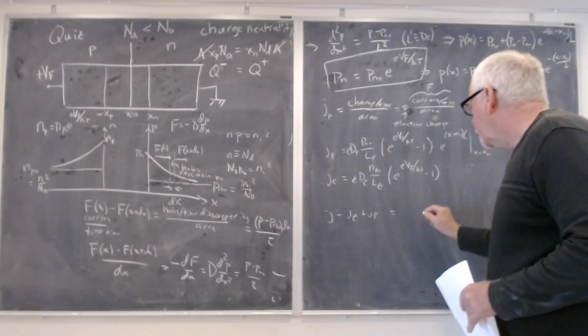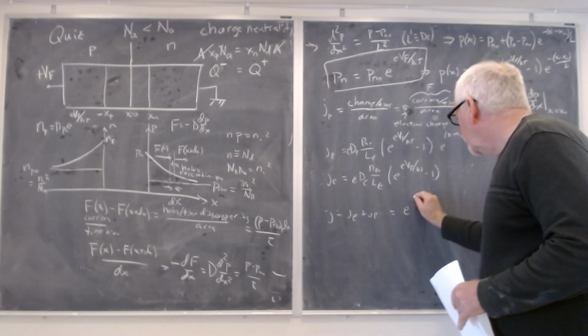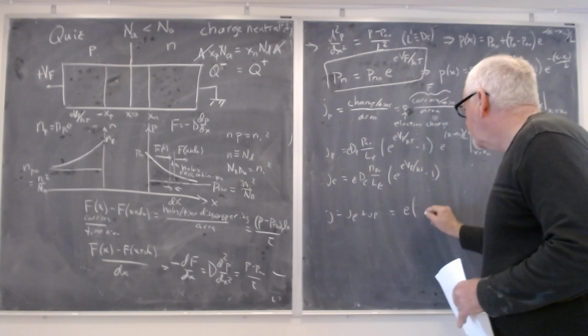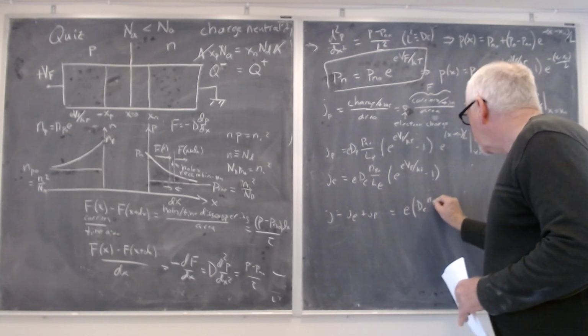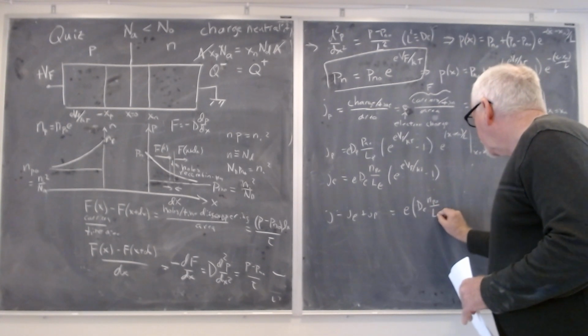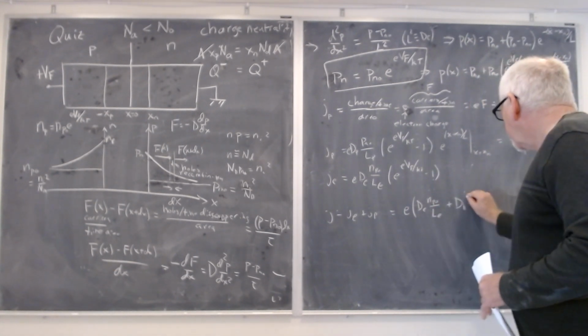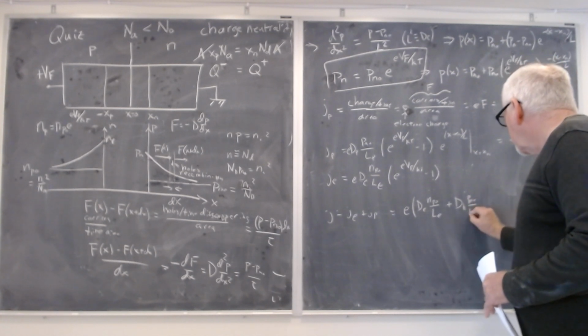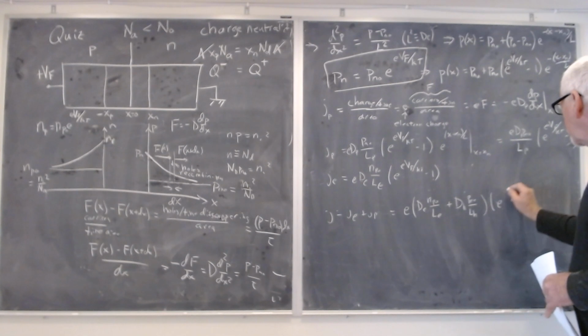So the answer is the electronic current out: D sub E Np0 over L sub E plus D sub H Pn0 over L sub H.